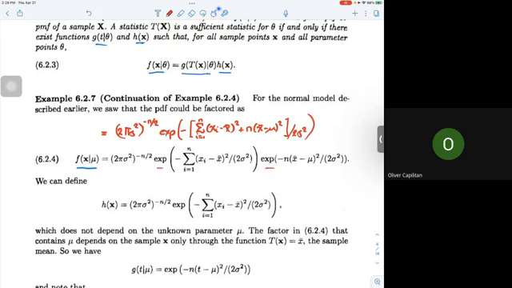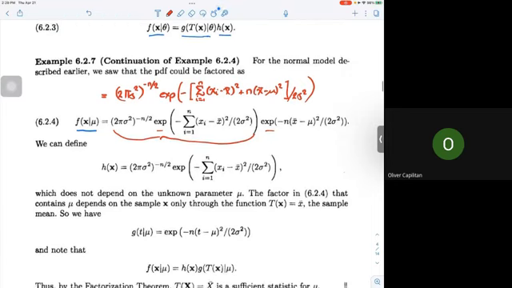So we can define our h of x. This is a function of the observed sample, bold x. There is no mu there, and we know that our sigma here is known. So this is just a function of x.